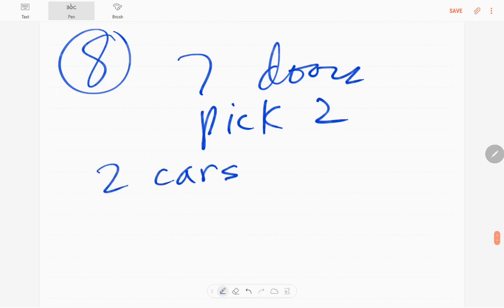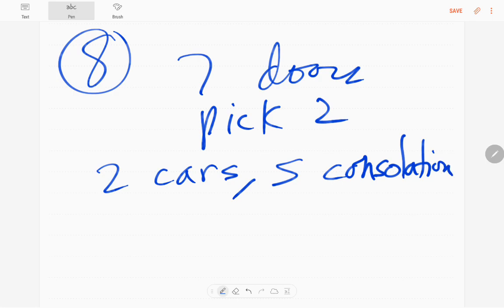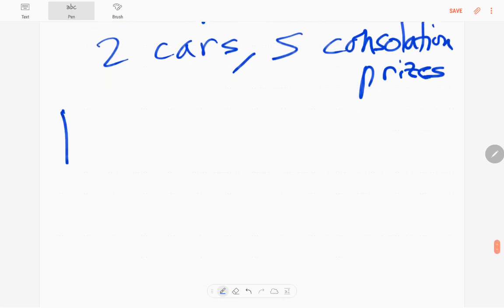So 2 doors have cars, and 5 have just consolation prizes. The contestant gets to keep the items behind the 2 doors she selects. Determine the probability the contestant wins at least 1 car. So we're looking for the probability that she gets at least 1 car.